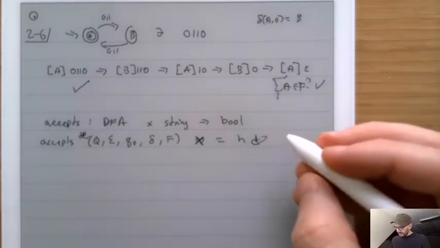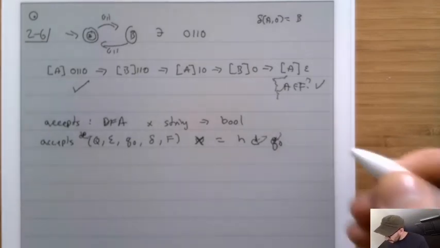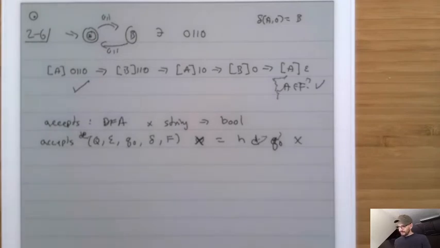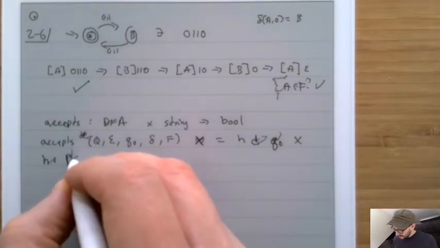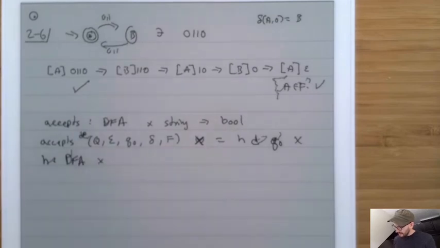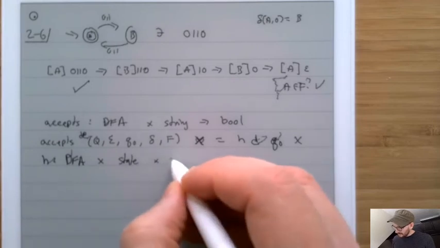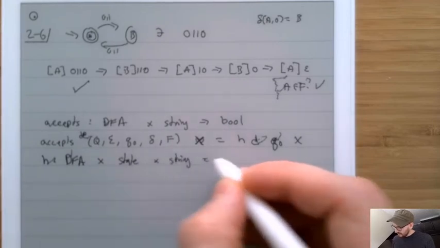All right, D, Q0, and X. Okay, now our H function, our helper, takes the DFA, it takes a state, and it takes a string, and it's going to return a bool.